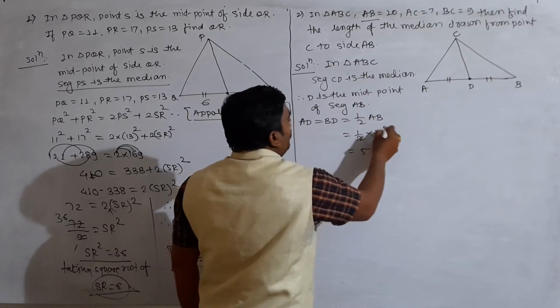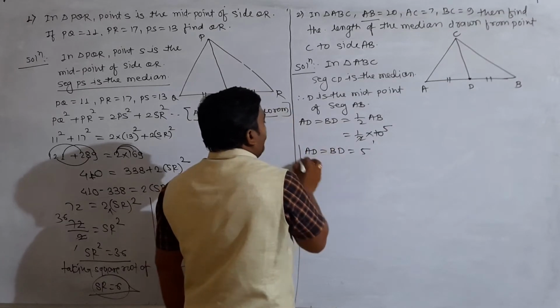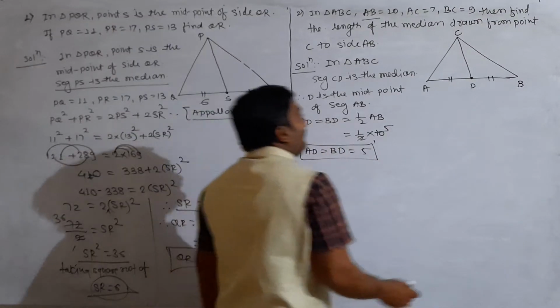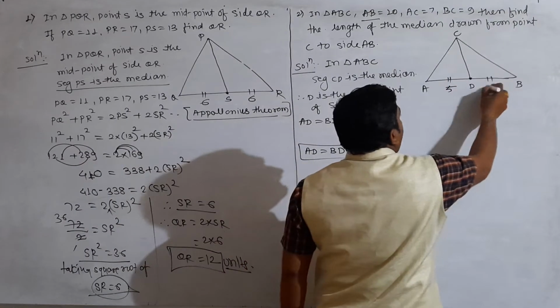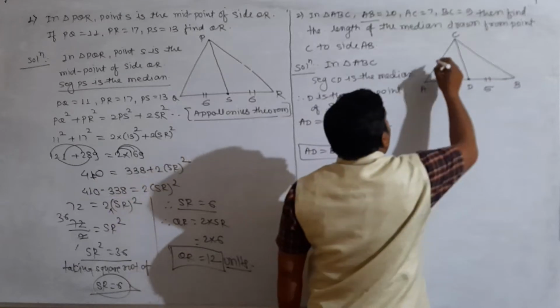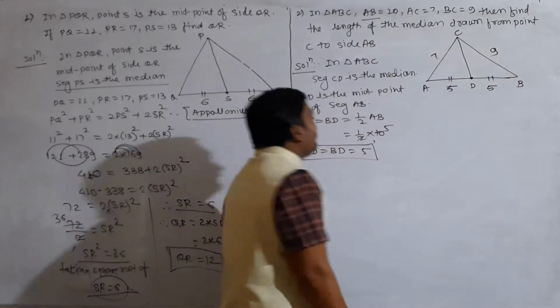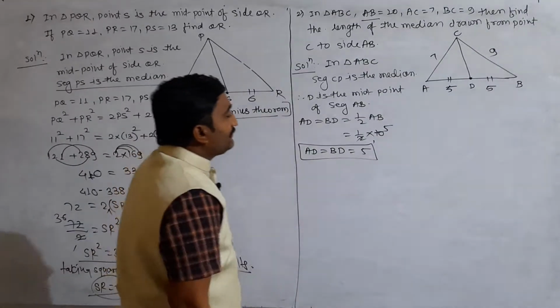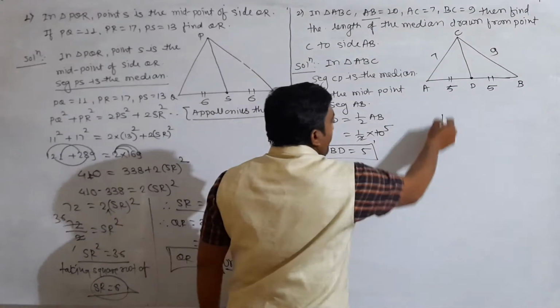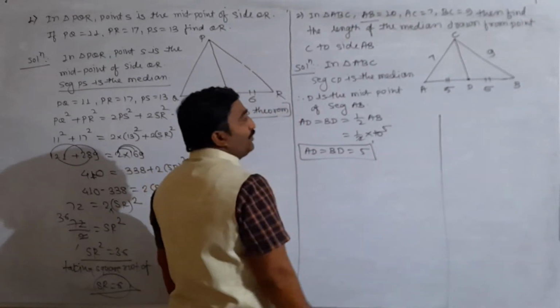So 2 ones are 2, 2 fives are 10. AD is equal to BD is equal to 5. Values of these two: here also 5, here also 5. Also given that AC is equal to 7, BC is equal to 9. AD is equal to BD is equal to 5.